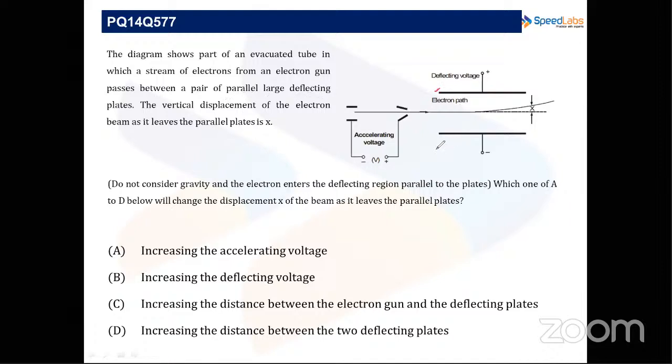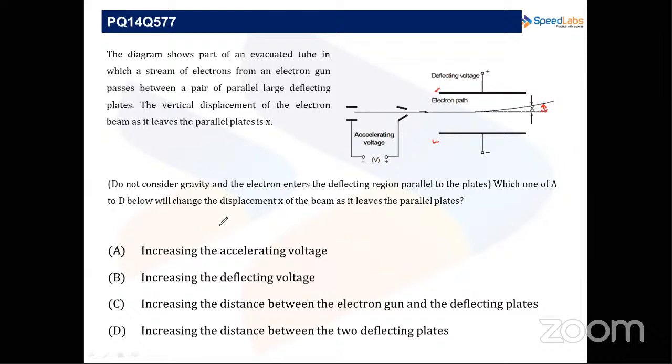So basically these are two deflecting plates. The vertical displacement of the electron beam as it leaves the parallel plates is x. So this is the vertical displacement when it just leaves. Now do not consider gravity, and the electron enters the deflecting region parallel to the plates. So they are always entering parallel to this.